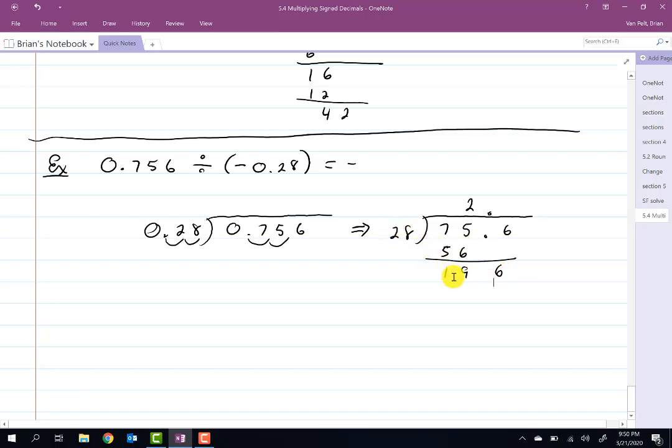How many times does 28 go into 196? Let's see, 5, 6, 7, 8. 7 times 28. Let me do some calculations. When you first learned to do division, you had to do these calculations all over the place. 14, 19. Oh, isn't that sweet? It goes in exactly 7 times with the remainder of 0. So I can just put my answer of 2.7.